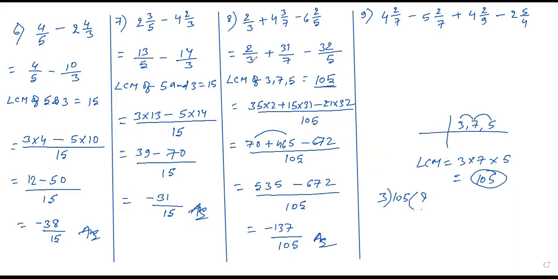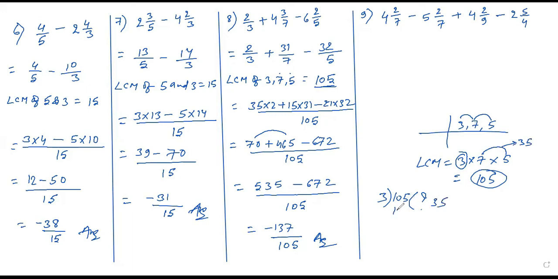Because of this 3 we have already taken, 7 and 5 are left, so we multiply them. 7 5 35.